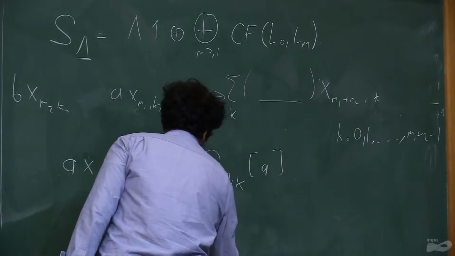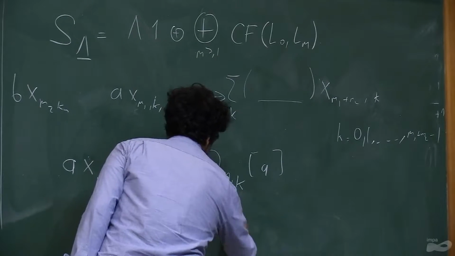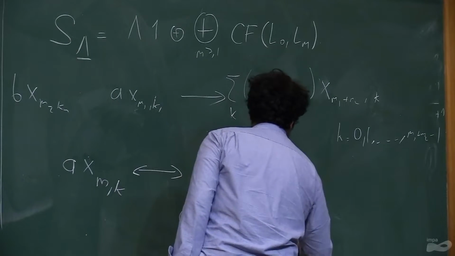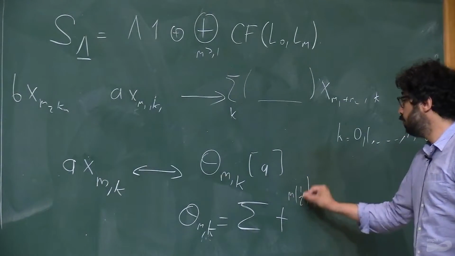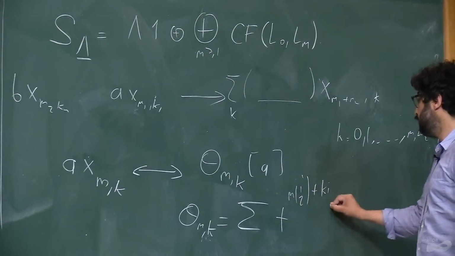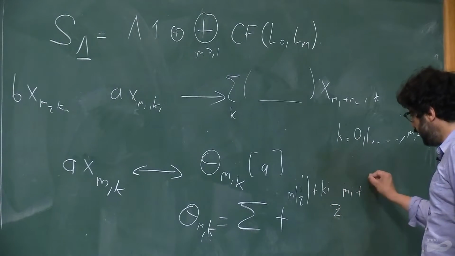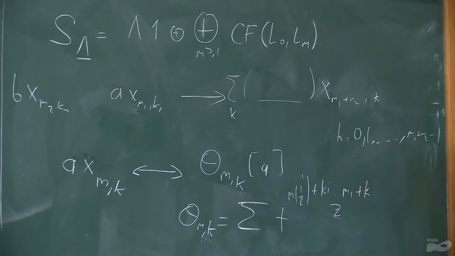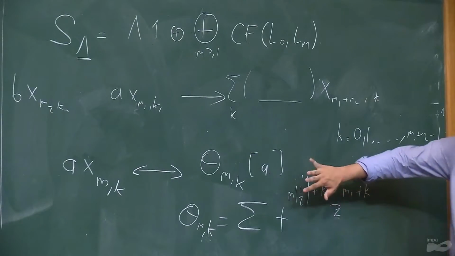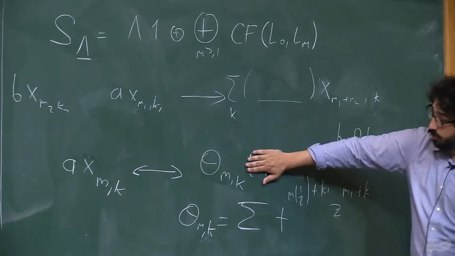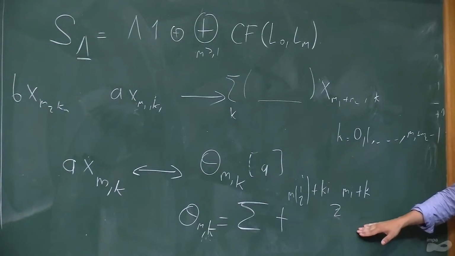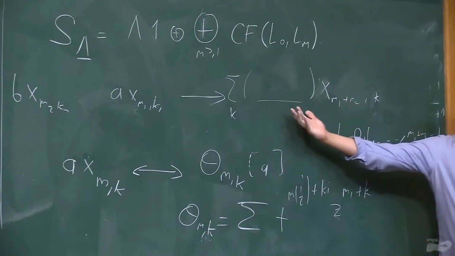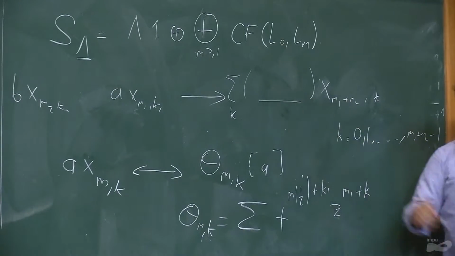And theta m k, remember, was the following series: t to the m i choose 2 plus k i, z to the m i plus k, right? And so when the field was off, there were no A's, and this mapped to this, and then the product of these guys was giving us these coefficients.